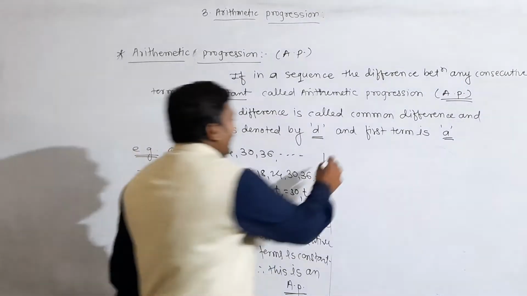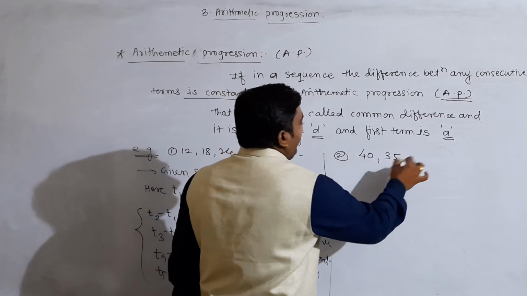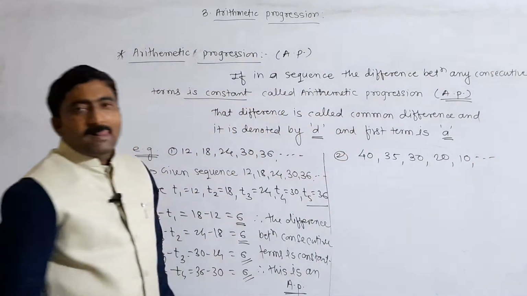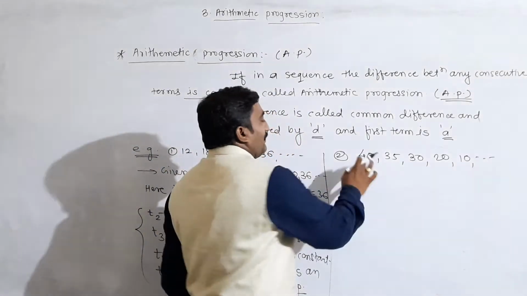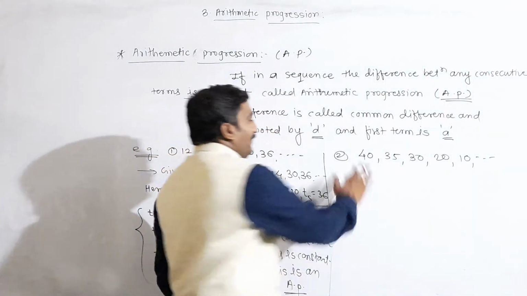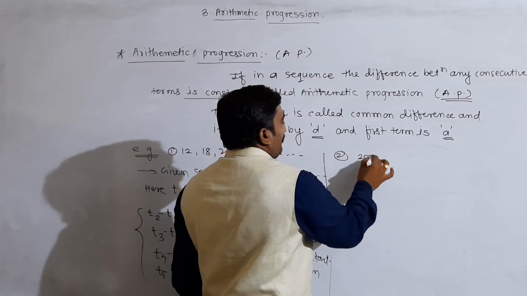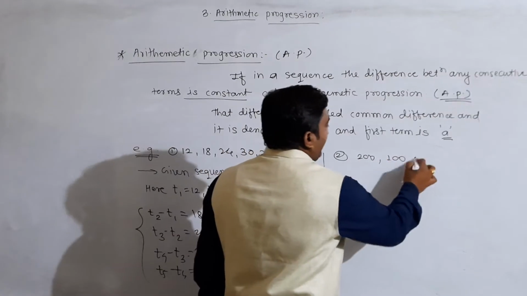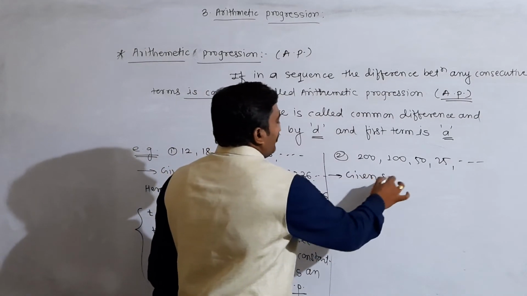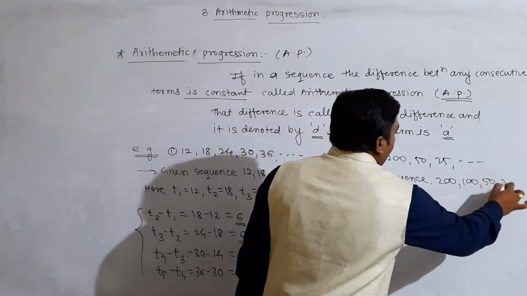Next example we have to study here. Suppose we are given the sequence 200, 100, 50, 25.